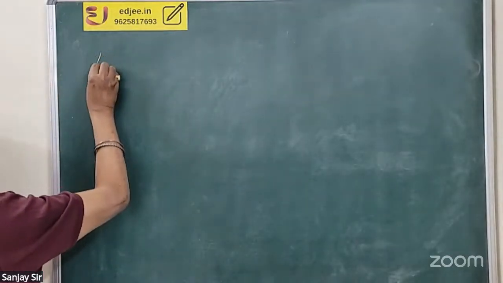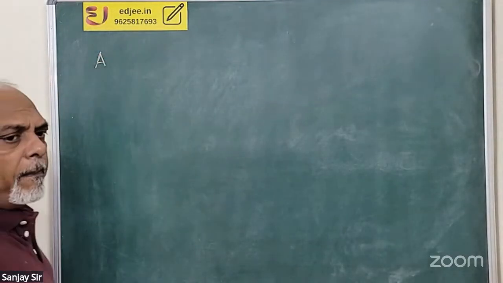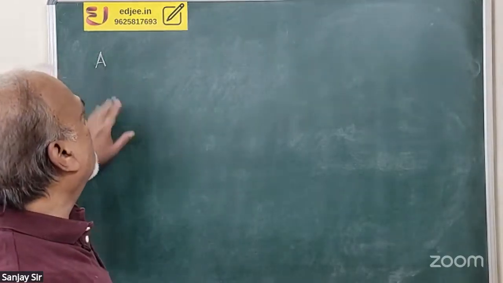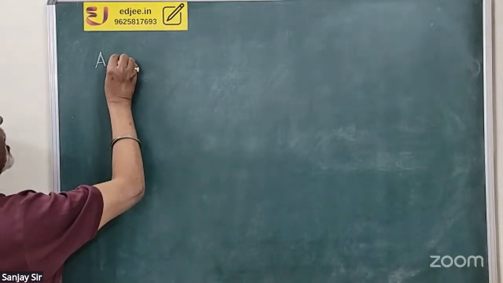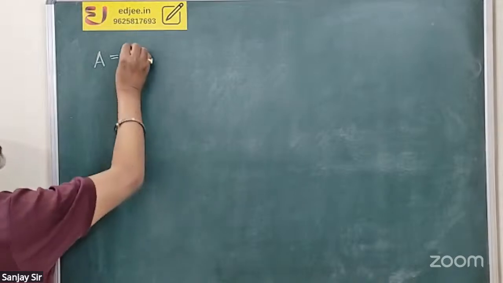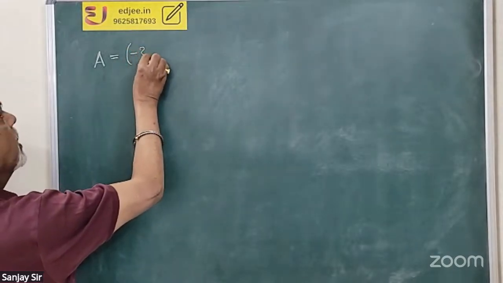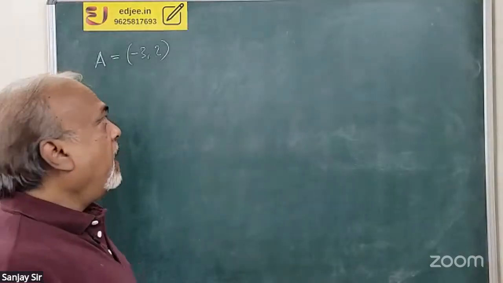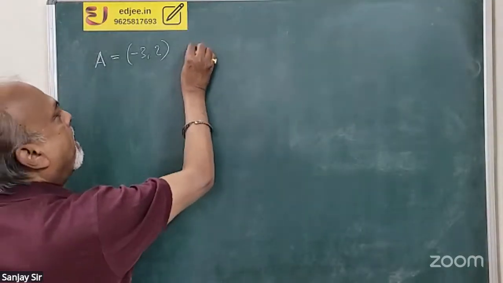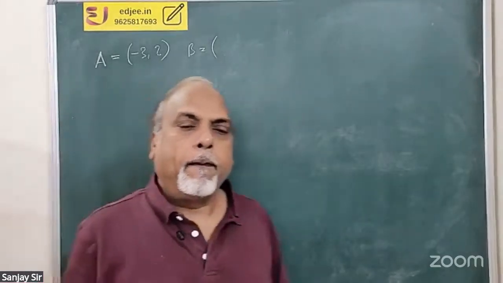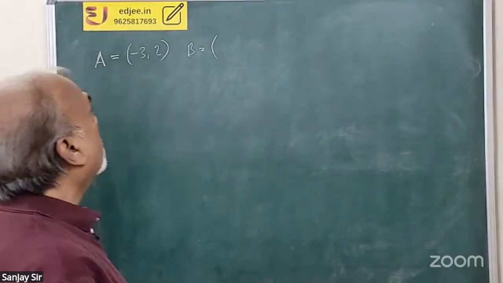Suppose you have a set A. Basically, A is an interval, from -3 to 2, and B is -1 to 5.